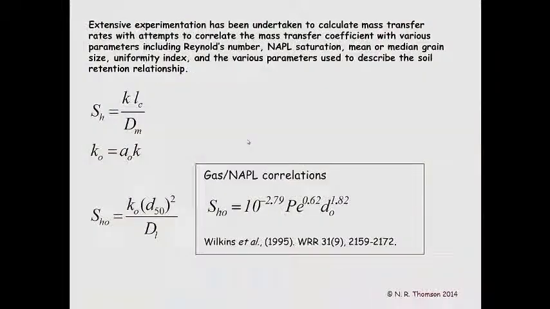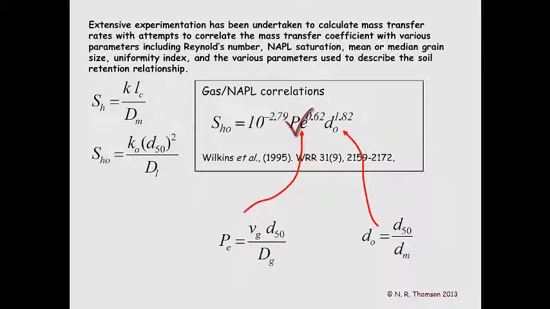So as I said, there's been quite a few experiments that have been performed, and here is one for gas NAPL concentrations, where the experimenters were able to show that the Sherwood number, this SH0 here, is a function of the Peclet number and D0, which is the ratio of some grain size parameters.